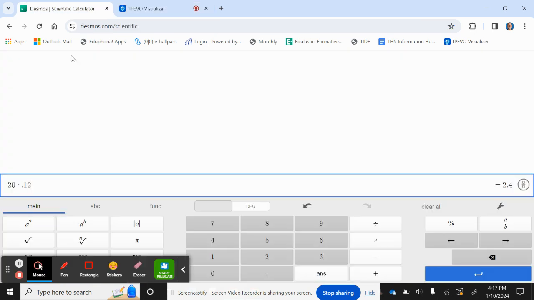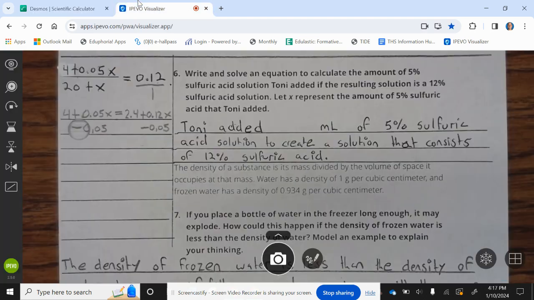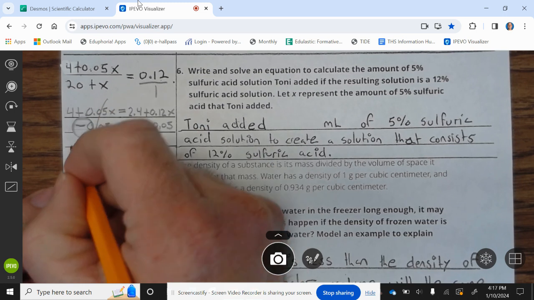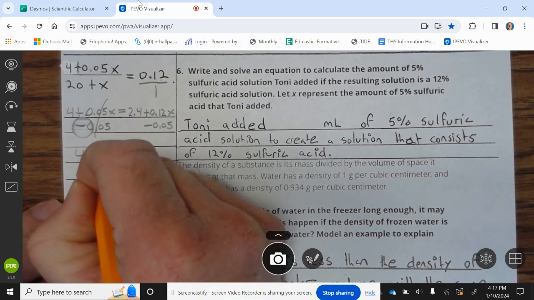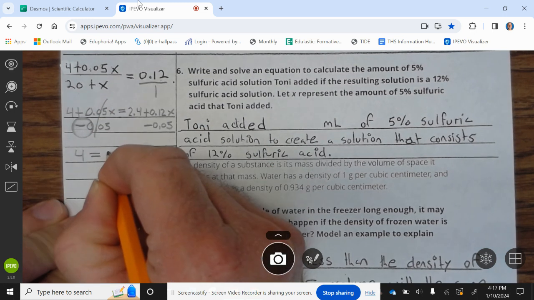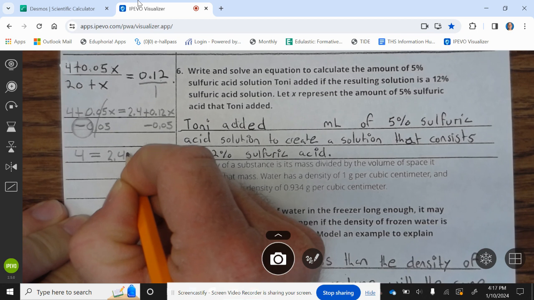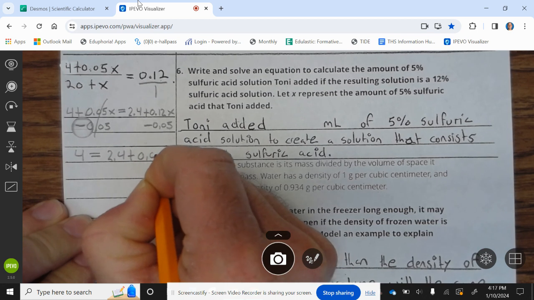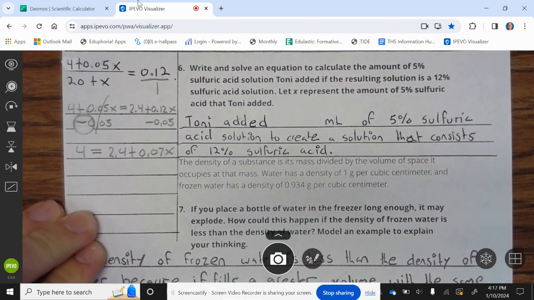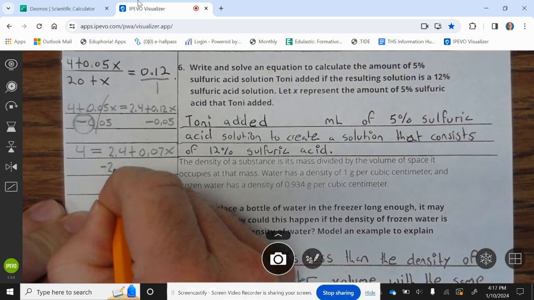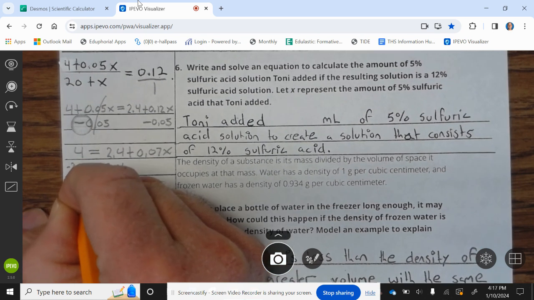So let's go ahead and do that. 0.12 minus 0.05 is 0.07. So that cancels. You get 4 equals 2.4 plus 0.07X. We're going to subtract 2.4 from both sides.